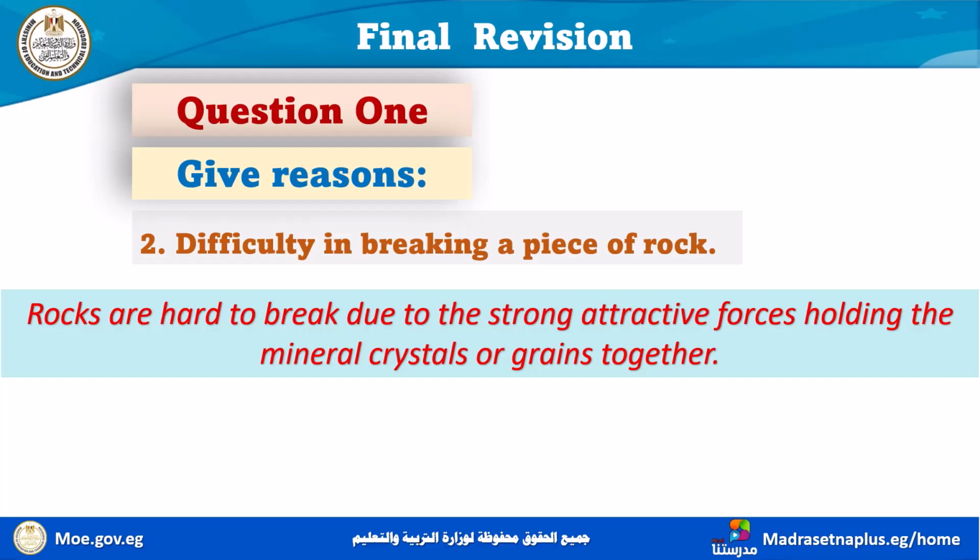And rocks like igneous or metamorphic rocks have interlocking crystal structures that are fused together, requiring a great deal of force to break the strong bonds and separate the minerals.